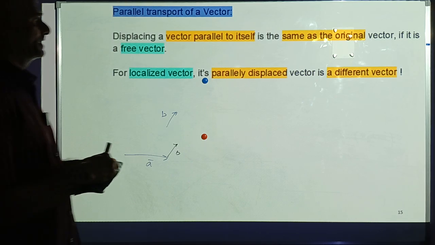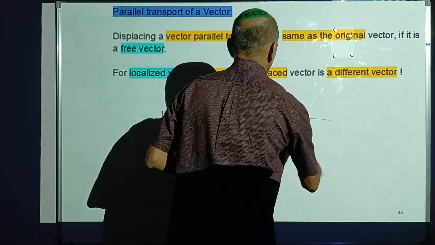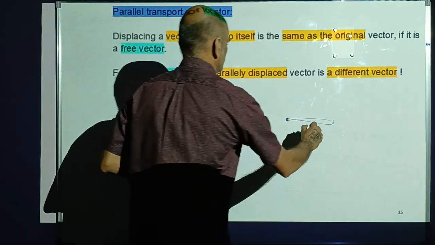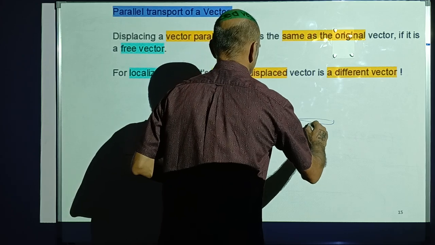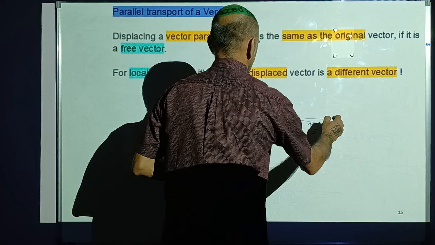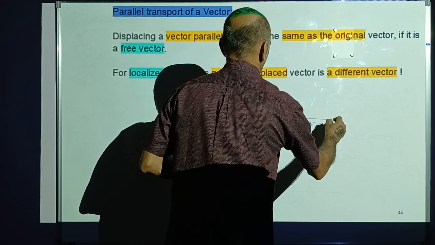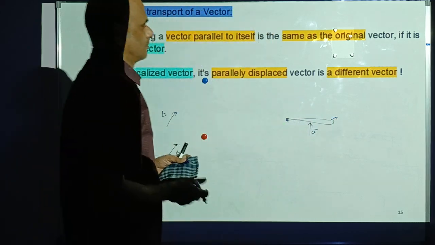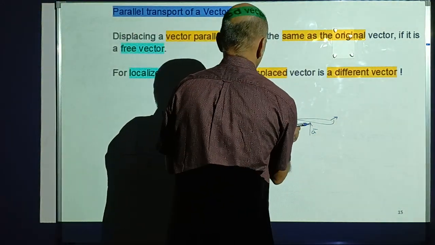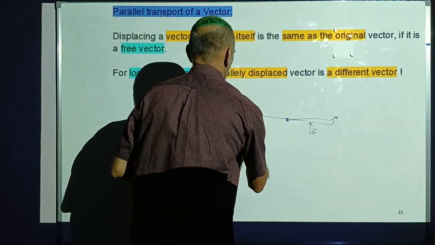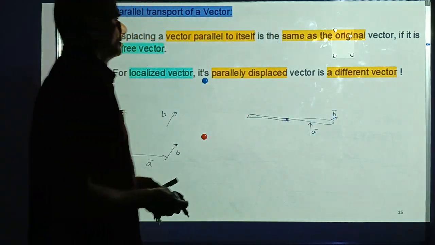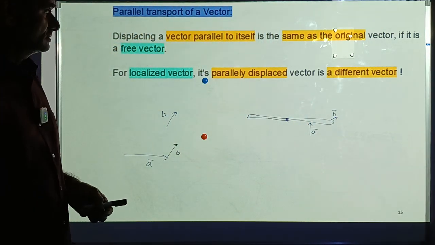For example, take a rod which is fixed in the middle, and force A is applied here, and the second force B is here.